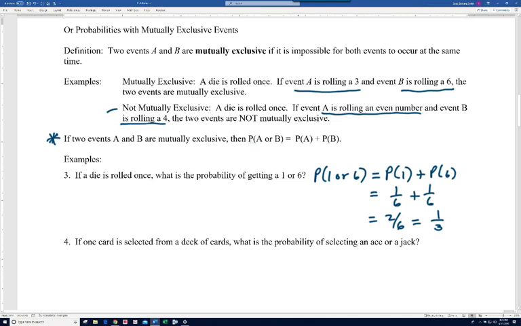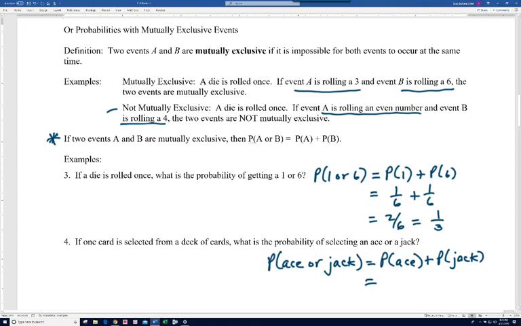All right, so it says if one card is selected from a deck of cards, what is the probability of selecting an ace or a jack? So if you have a deck of 52 cards and you choose one card, it is not possible to get an ace and also get a jack. They're two totally different cards. Can't do both at the same time. And so in this case, the probability of getting an ace or a jack is equal to the probability of getting an ace plus the probability of getting a jack.